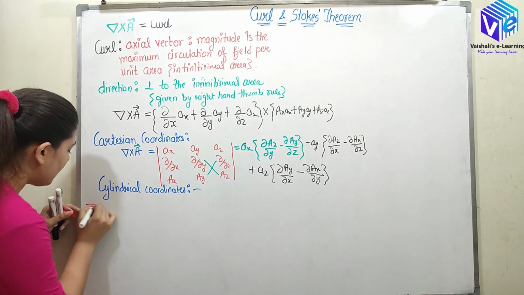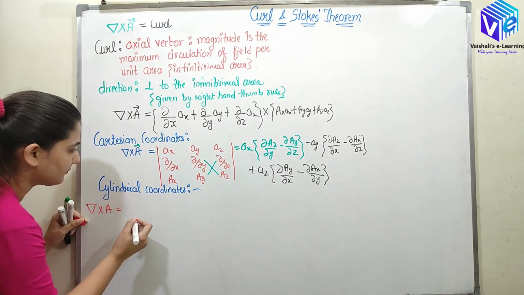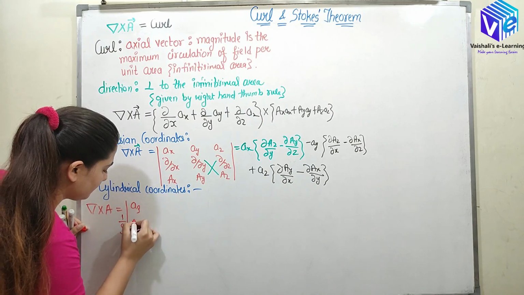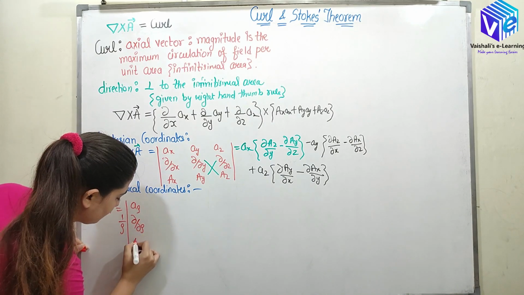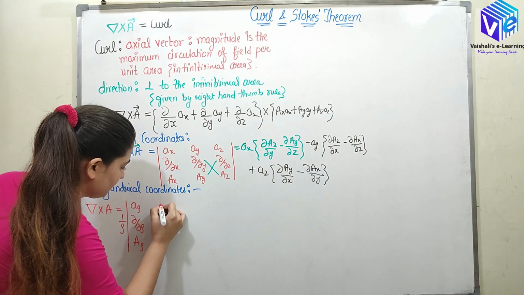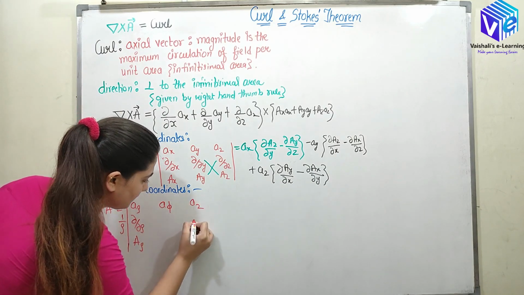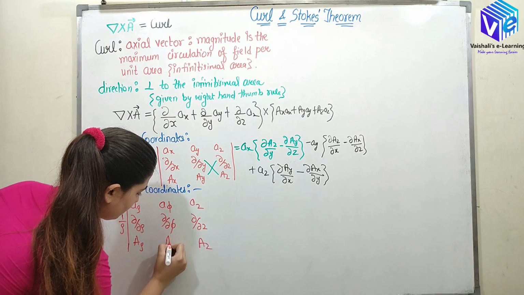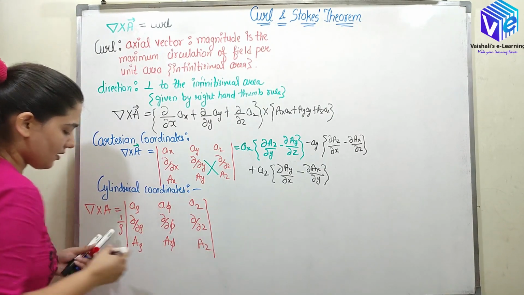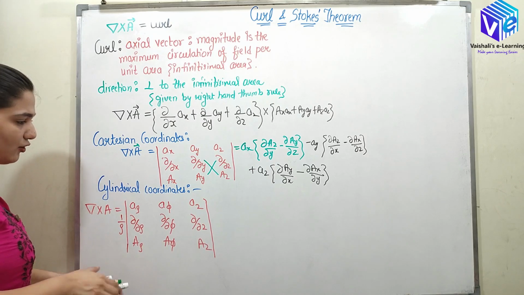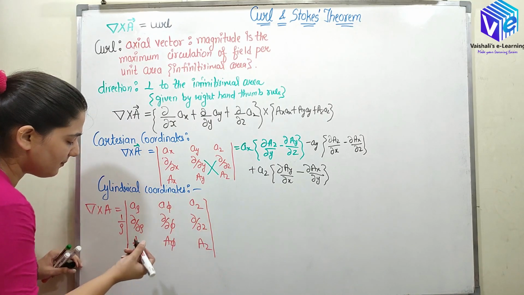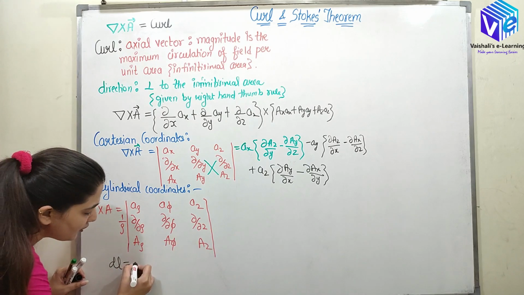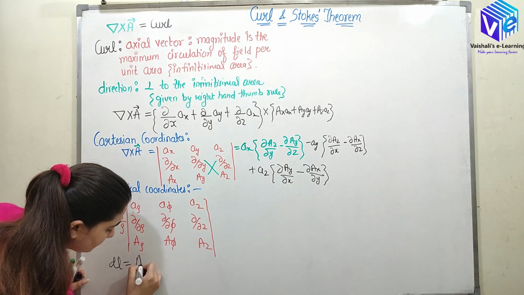So in the case of cylindrical coordinate system, how did I used to represent my differential element?